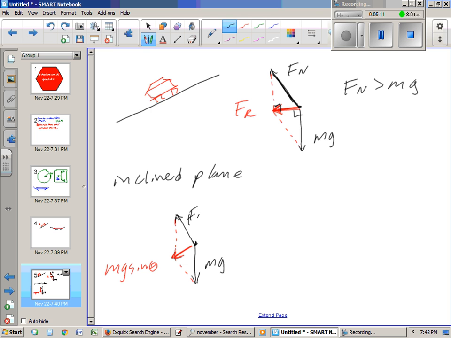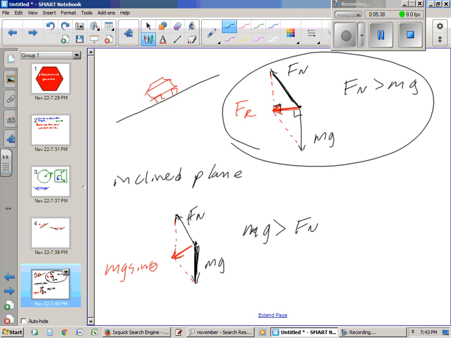Now, if you look at the diagram, in this case, mg is the hypotenuse, so therefore mg is greater than Fn. Because mg is bigger, Fn is not large enough to support that object, and it has to slide downhill. With our banked track, it's the opposite. The normal force is larger than mg, and it's able to keep that mass on the same level.